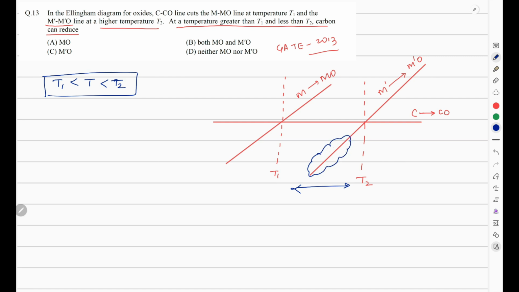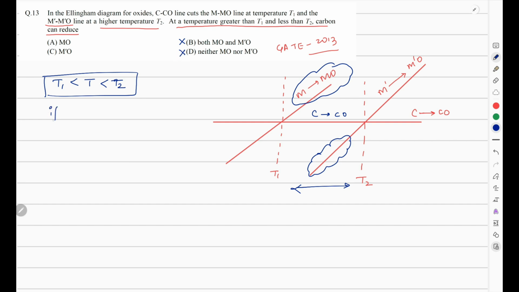The M to MO line is at the top and the C to CO line is in between. So carbon can reduce only one of them. So the both option is gone, and the neither option is also gone.